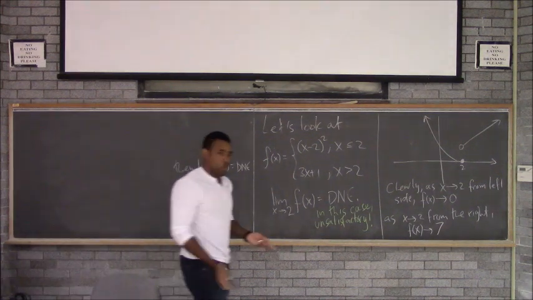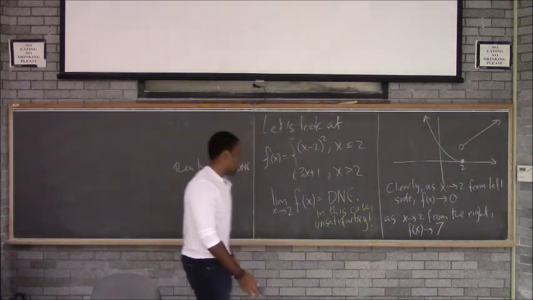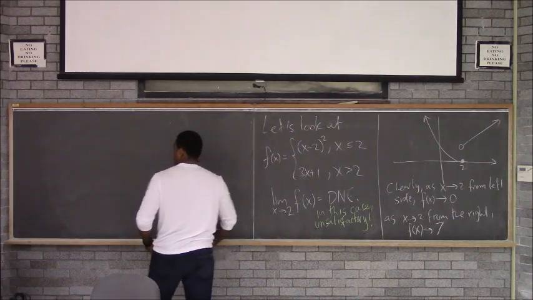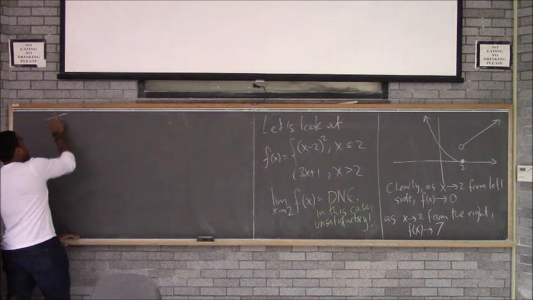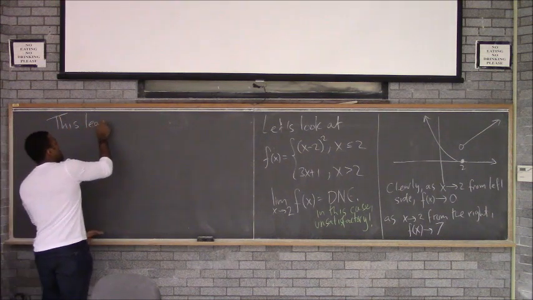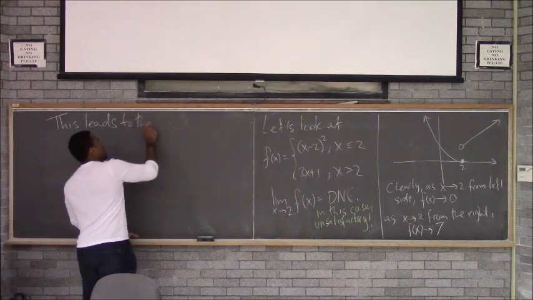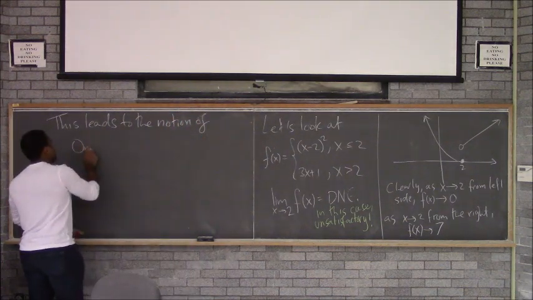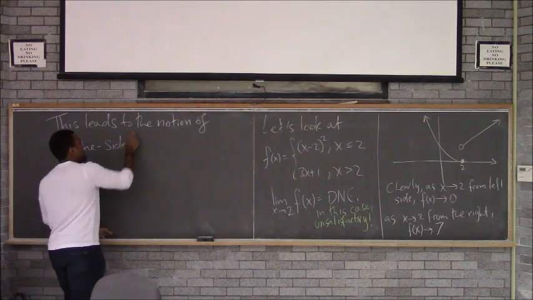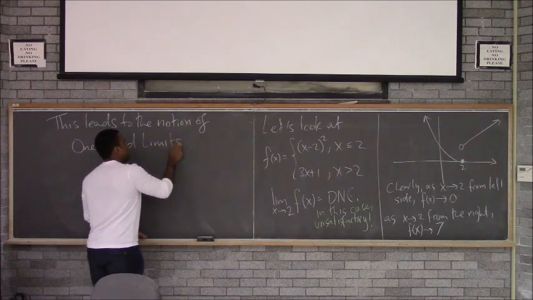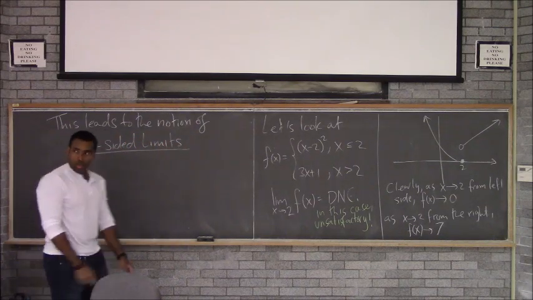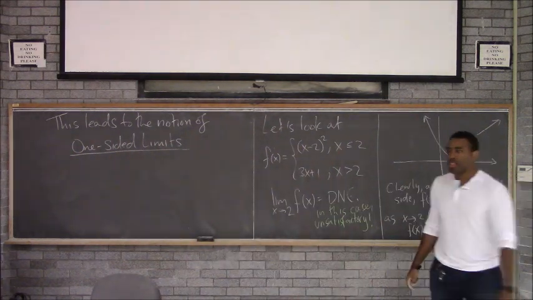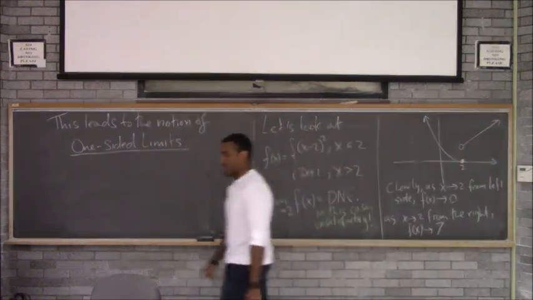But as long as we're in Calc 1 or 2, there are only 2 directions to worry about: coming from the left and coming from the right. So these are called one-sided limits because you're only concerning yourself with one side at a time.